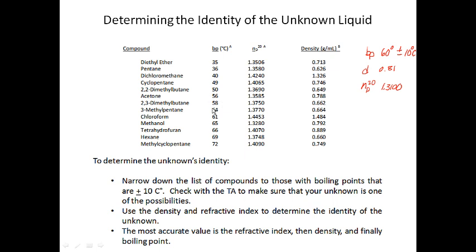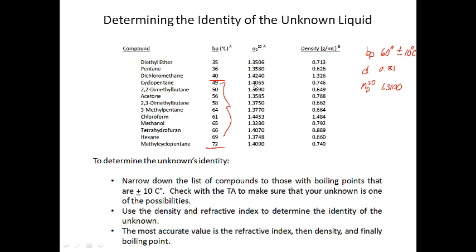So if I'm looking at 60 degrees, I'd be looking at something from 50, you know what, I'm going to take 49 and I'm going to go all the way up to 70 degrees, and for the sake of argument I'm going to count 72. So here's my list of potential unknowns.